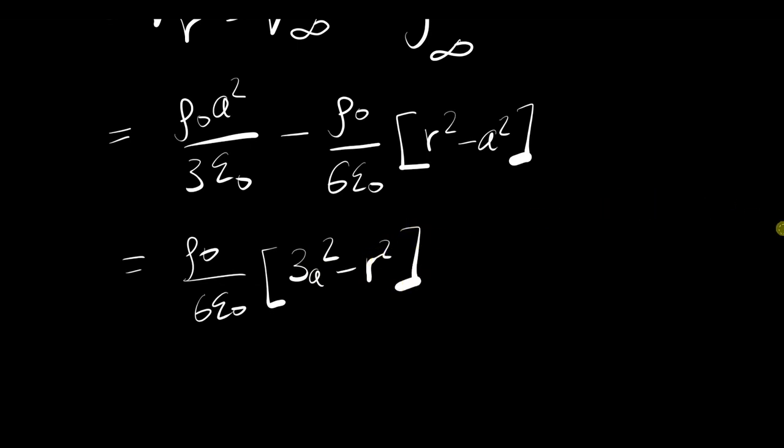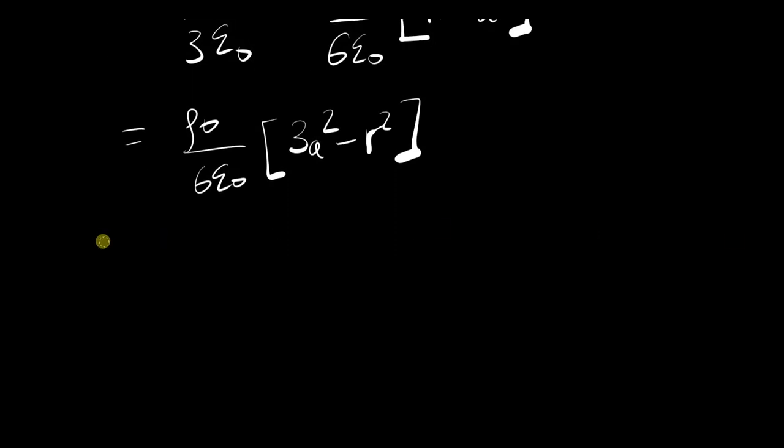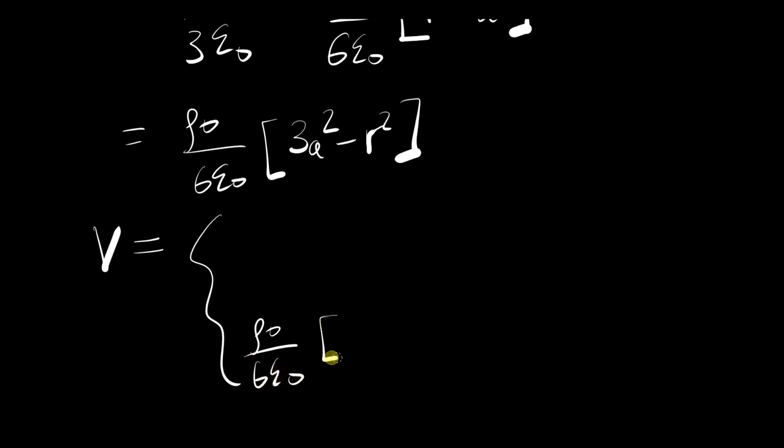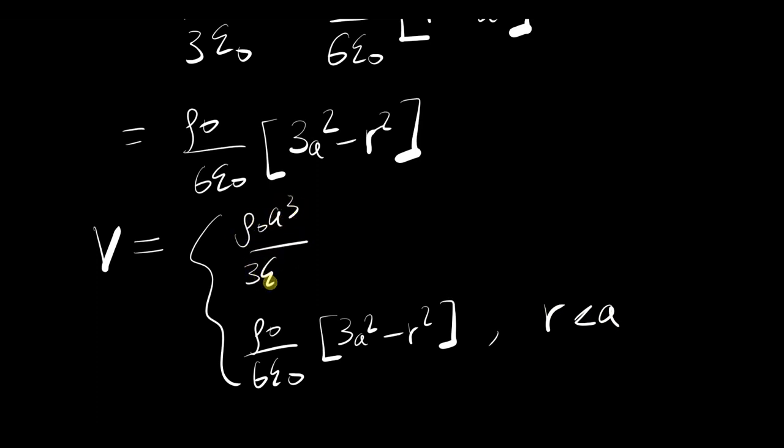And finally, for this first method that we just worked with, your potential can then be expressed as rho naught over 6 epsilon naught times 3A squared minus R squared when inside the sphere, and rho naught A cubed over 3 epsilon naught R when outside the sphere.